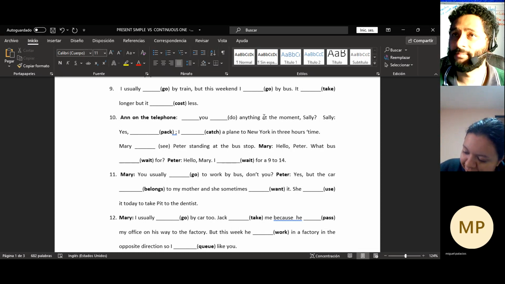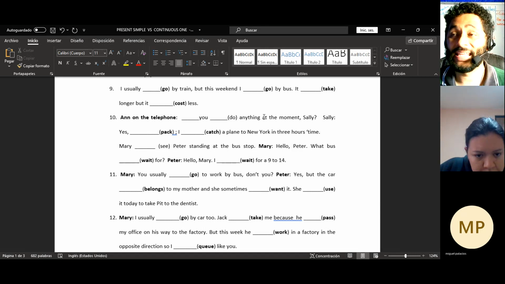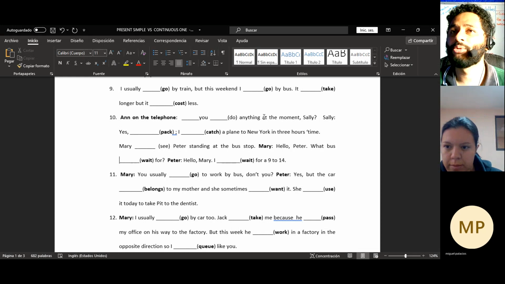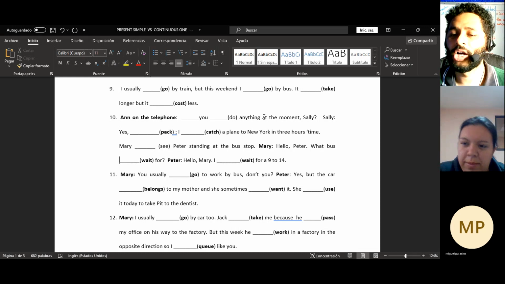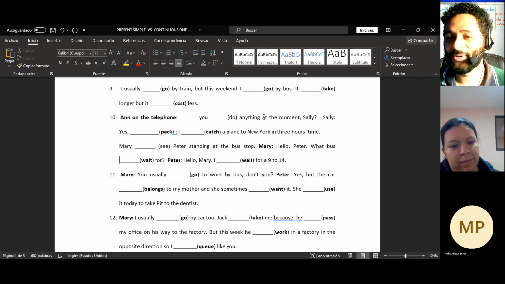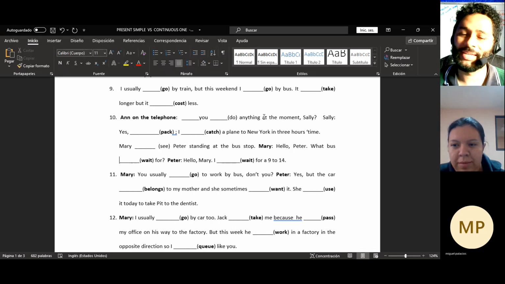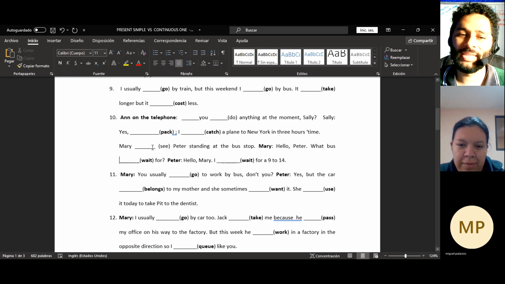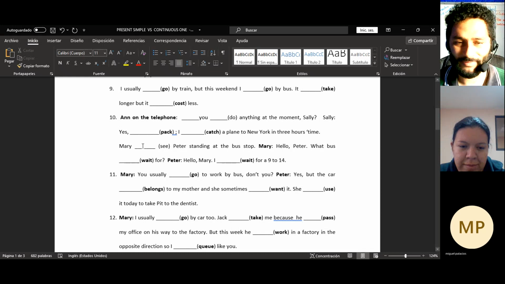Or have is another verb like this. So when have means tener, you cannot say something like I'm having a house or I'm having a car. Estoy teniendo una casa, estoy teniendo un coche. Entonces cuando have significa tener, no lo puedes poner en ing. Entonces, bueno, en este caso tendrías que decir Mary sees, right?